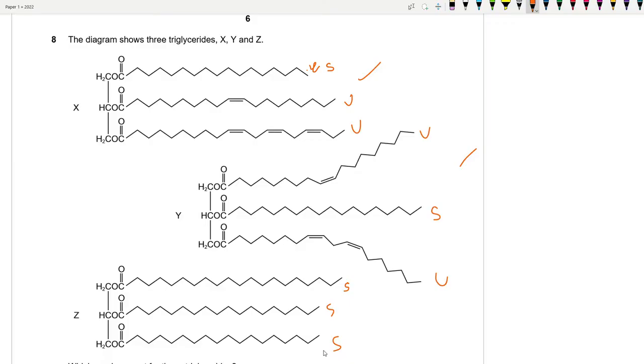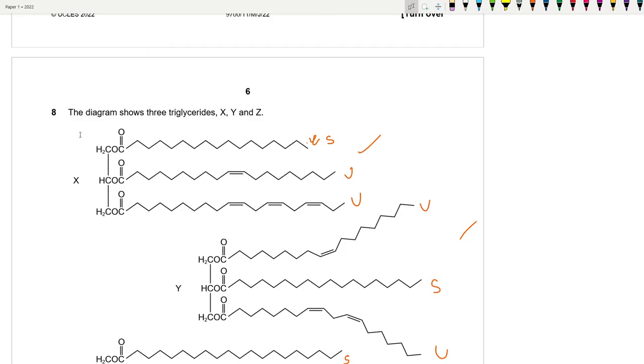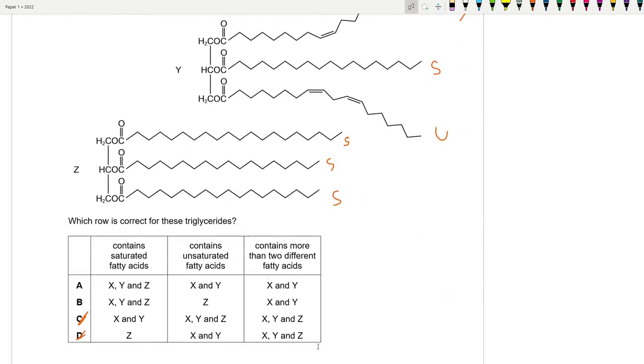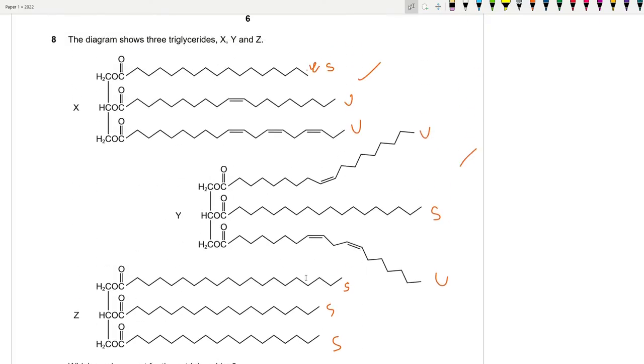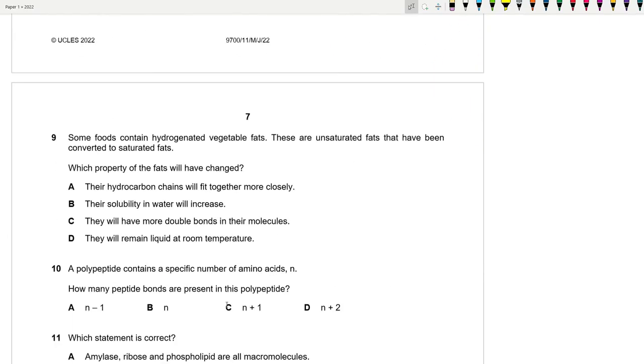If you have the presence of a single double bond, that means it's an unsaturated fatty acid. So actually this was a trick question. All three of them do contain at least one saturated fatty acid. However, only X and Y contain unsaturated fatty acids. Z does not contain an unsaturated fatty acid. That is why the answer should logically be A. Contain more than two different types. So that's X and Y, okay? Hopefully that makes sense.